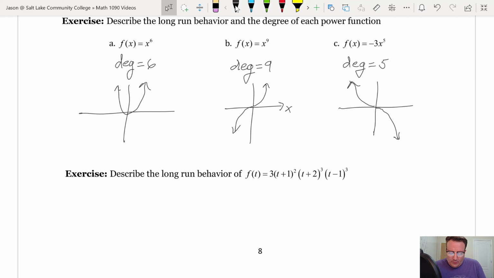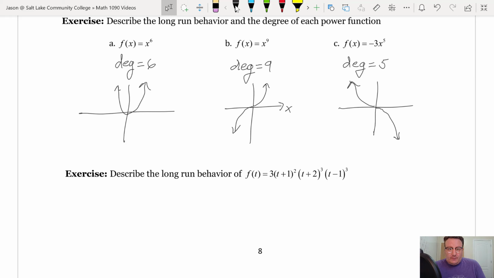So how do we get from a factored polynomial into a polynomial in general or standard form? Well, we could multiply this all out, but notice there's squaring and cubing going on, and it would be a bit of work to multiply this all out.